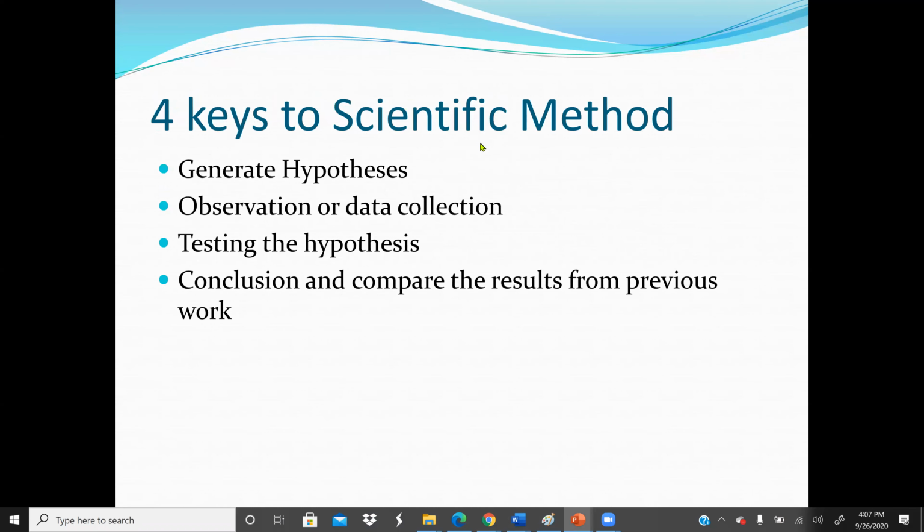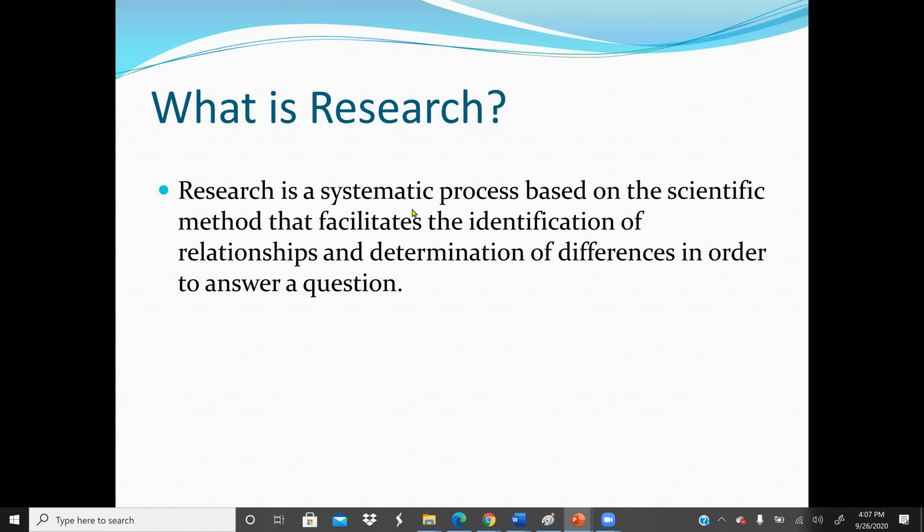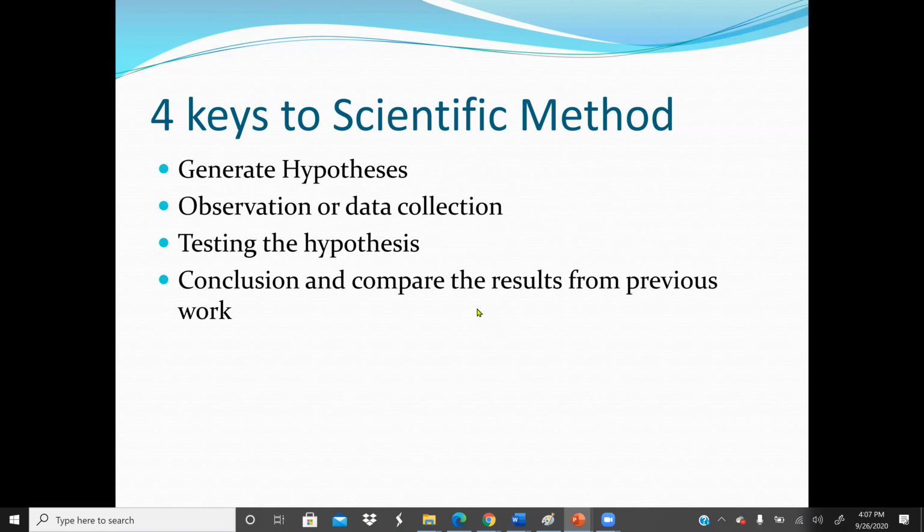So there are 4 keys to the scientific method. Since we said research is a scientific method, our goal now is to understand the concept of the scientific method. In the scientific method, we need to generate a hypothesis. From there, we have our observation.